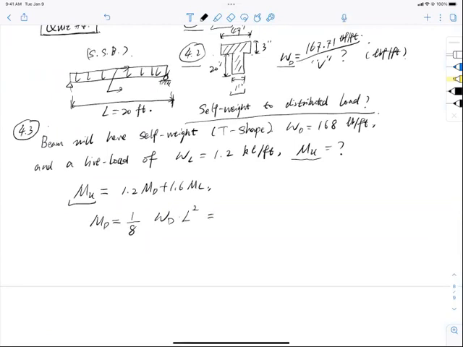Okay, that's correct. So that is the moment for distributed load, 1/8 omega L squared. And I got omega D is 167. Now I want to convert everything back to kip foot, folks. So this is 0.168 kip per foot, multiplied by 20 feet squared.